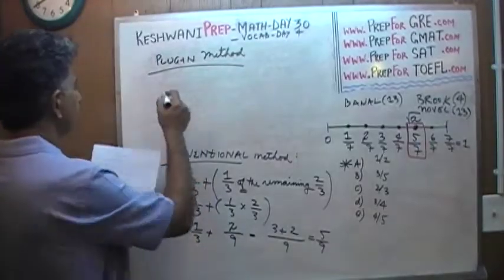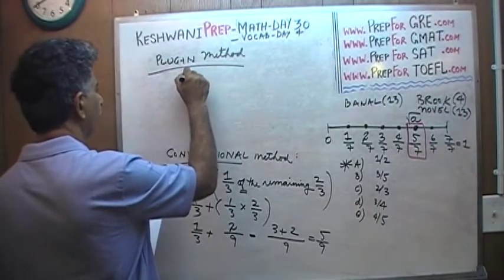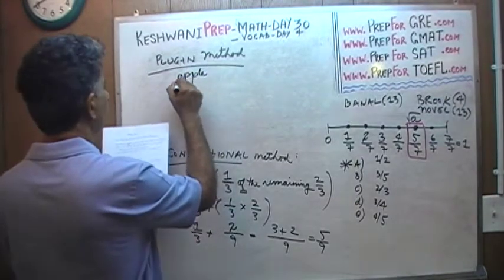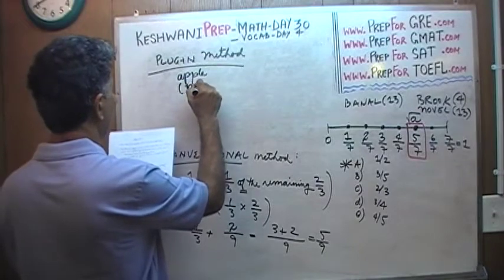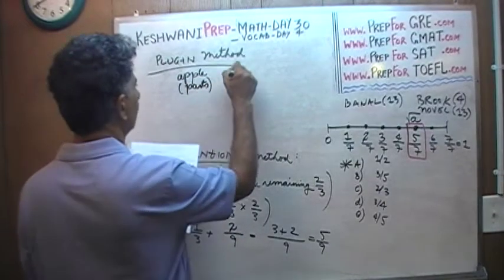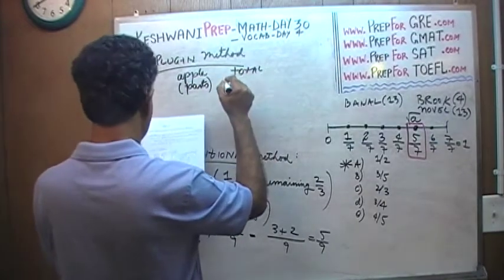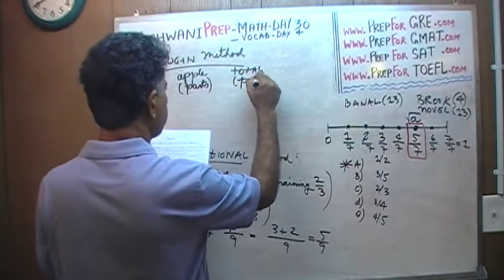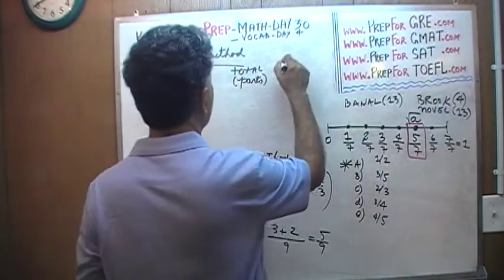So here we go. Here's your apple, parts of apple juice, and here's the total. And here's the remainder.